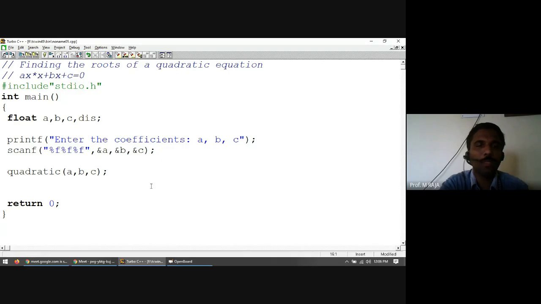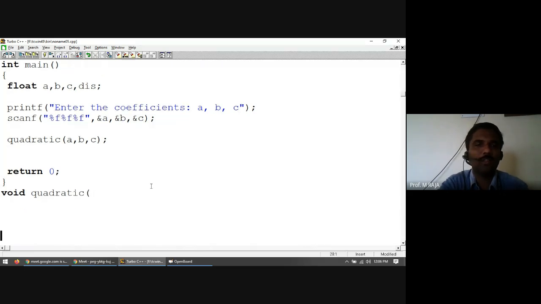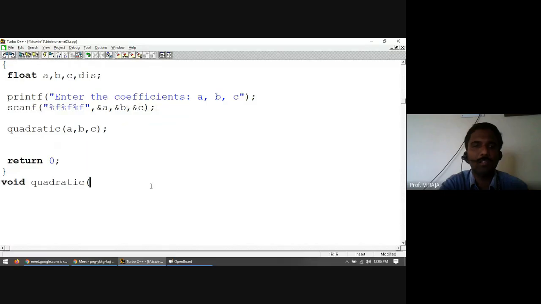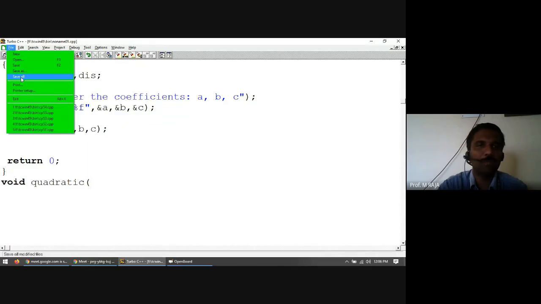Let us define a quadratic function here. For example, void quadratic. The return type is void, the function name is quadratic, then define the formal parameter list.